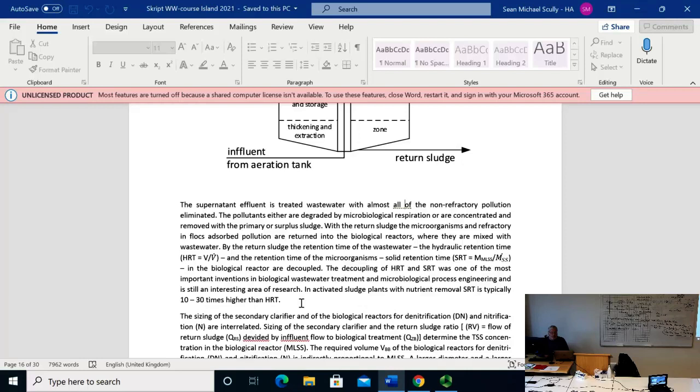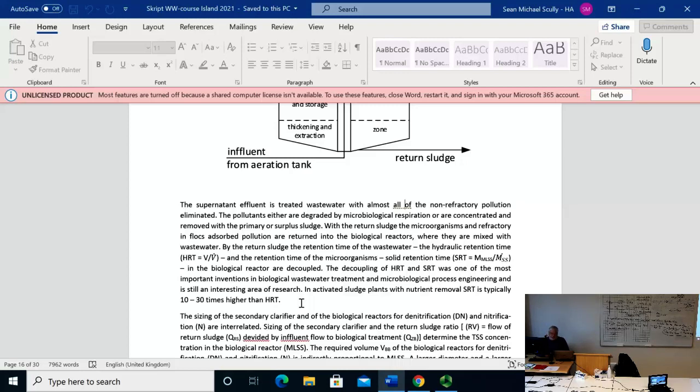And the slowest growing microorganisms in our system will be the Nitrobacter or Nitrosomonas, which do the oxidation of the nitrite to nitrate. They are the slowest growing microorganisms. They are the divas of our system.